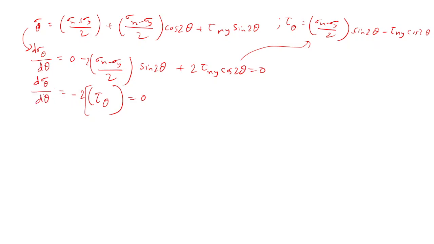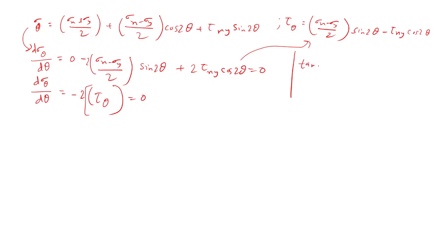The normal stress would be maximum at that angle of plane where tau theta is 0, right? So normal stress would be maximum or minimum in those planes where this is 0. So in which plane is this 0? We will find that plane from here. So make this 0 and find the angle from here.